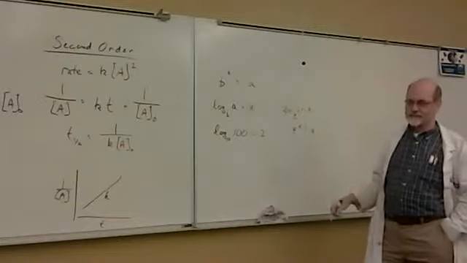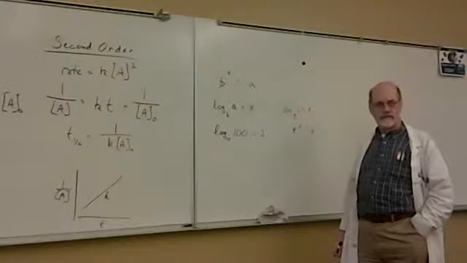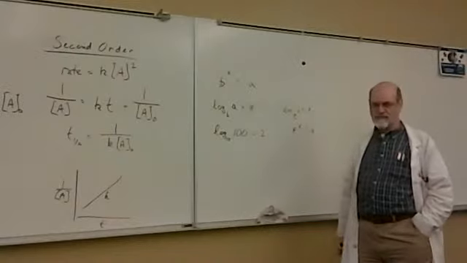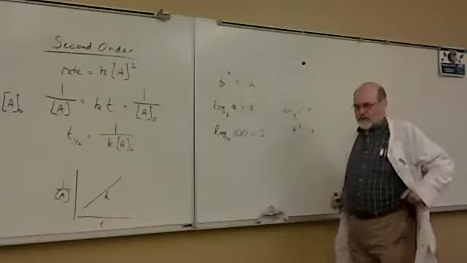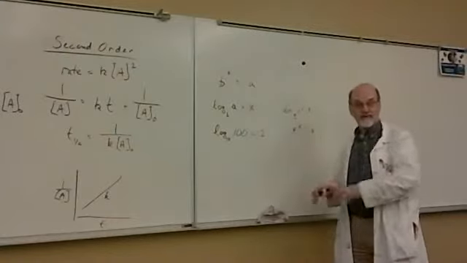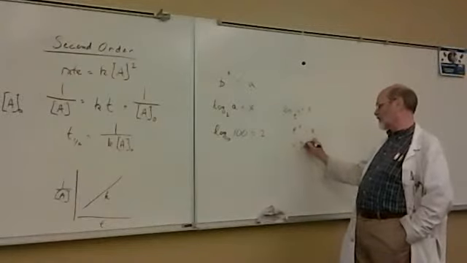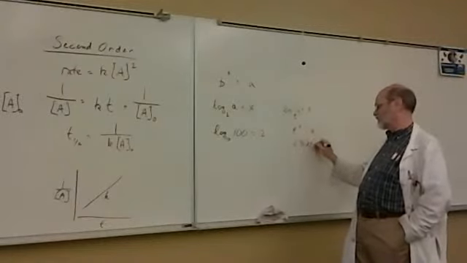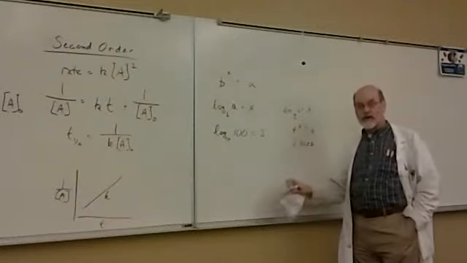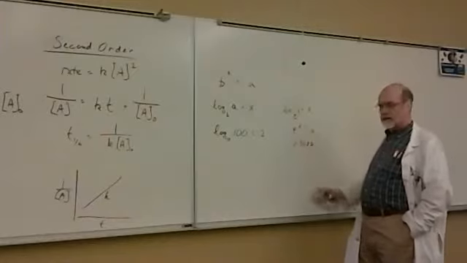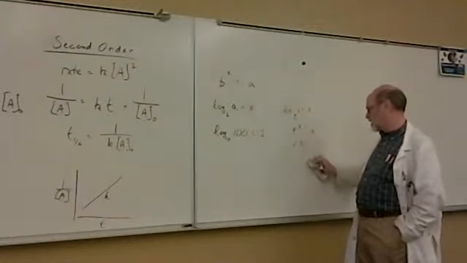Now E has been around for probably a couple hundred years. I don't know enough to explain where it came from, except that it's roughly equal to 2.7, something like that. E actually has a value.